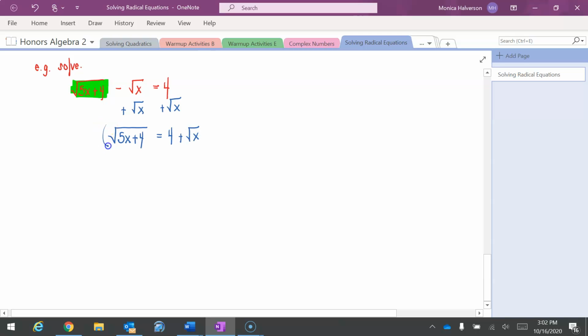Okay? I'm going to raise both sides to the index number, and I get 5x plus 4 is equal to 4 plus the square root of x times 4 plus the square root of x. And I'm going to have to FOIL out the right-hand side of my equation.